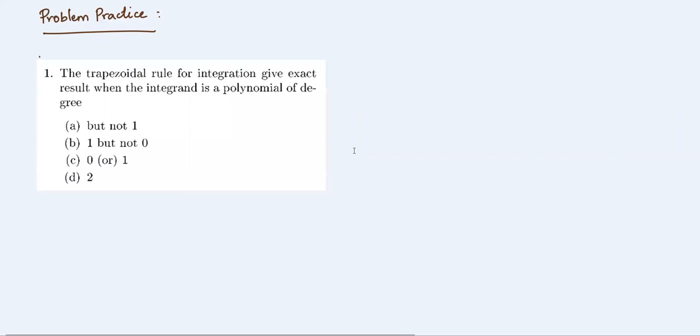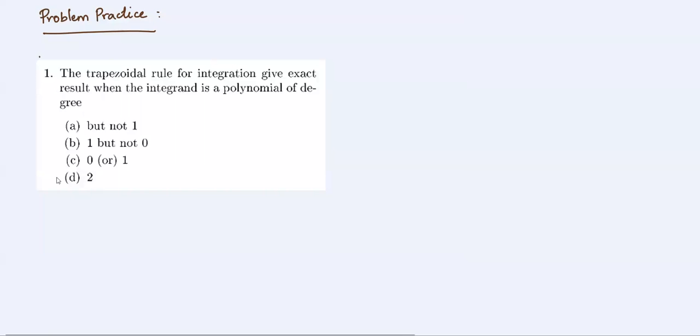Trapezoidal rule for integration gives an exact result when the integrand is a polynomial of degree 0 or 1, but not 2.